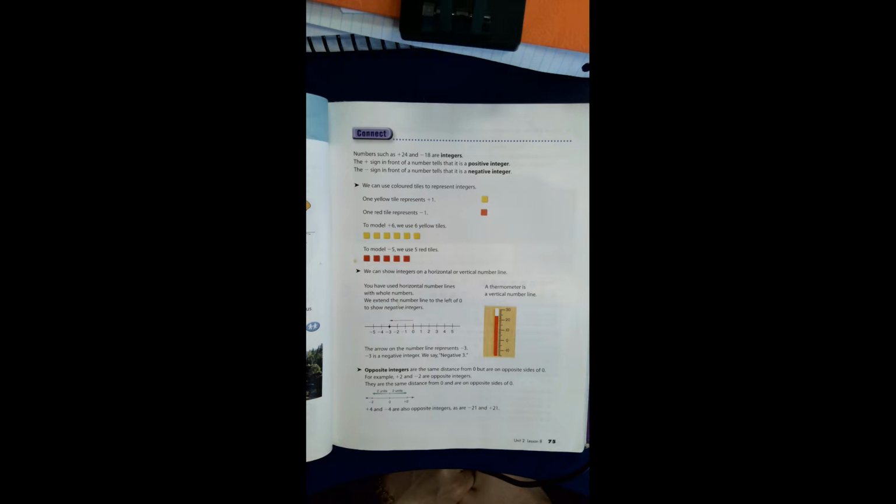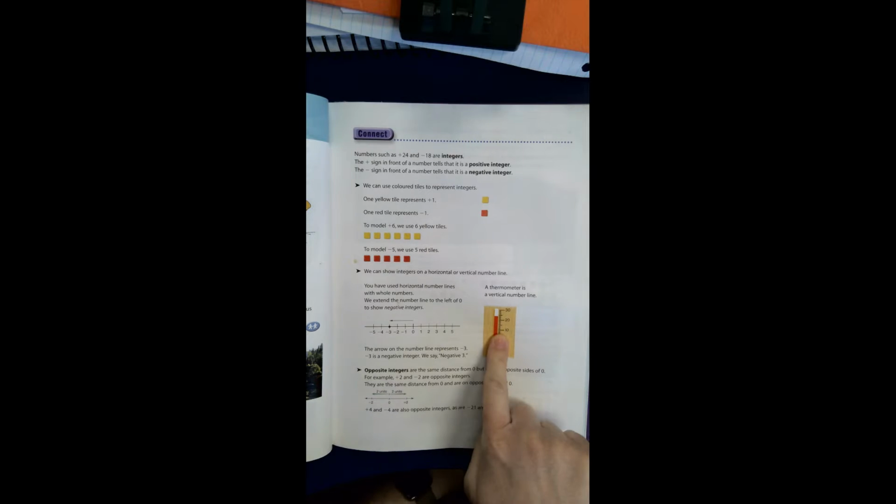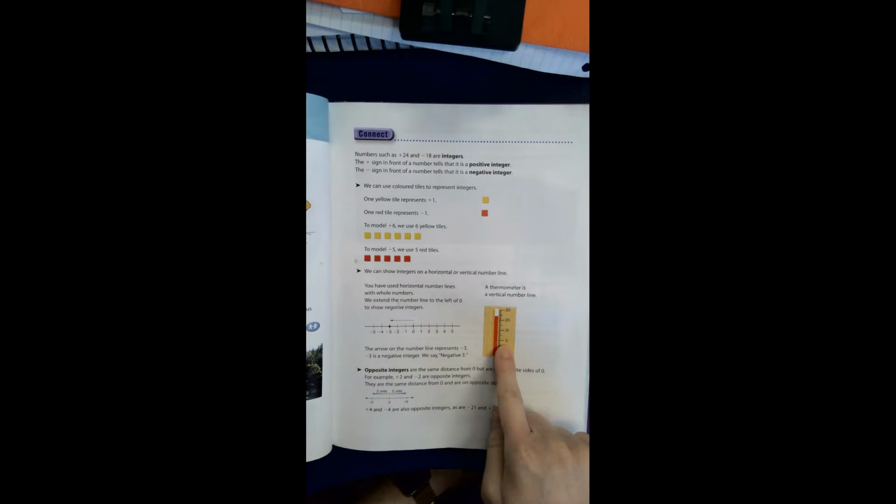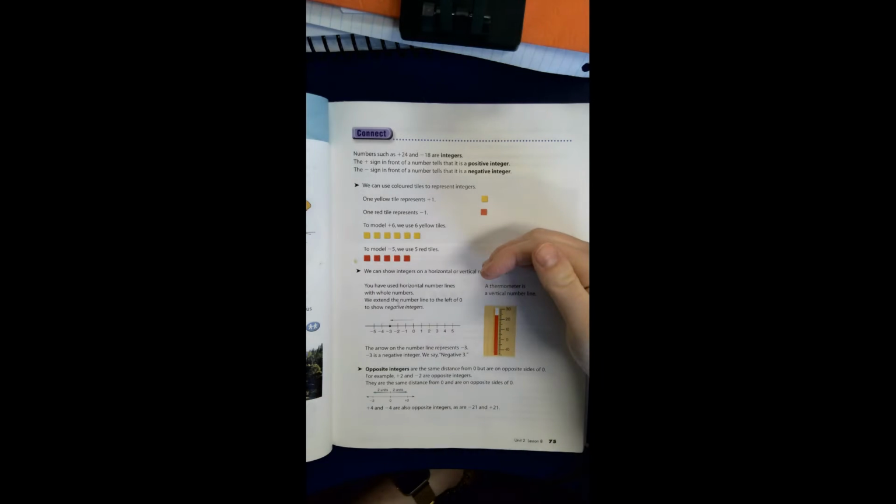Now, let's look at this picture here, and you'll see this right in your packet. This is a thermometer, and it is a vertical line. Just like we've seen number lines before in math, this is kind of like a number line. It's just not horizontal, it's vertical. The farther up you go, the positive numbers are going to show. The further down you go, the negative numbers are going to show.